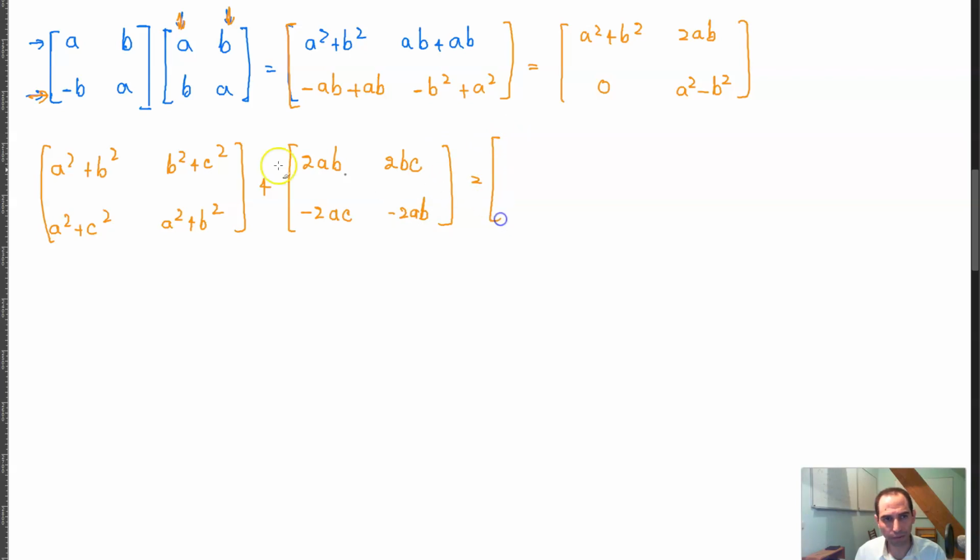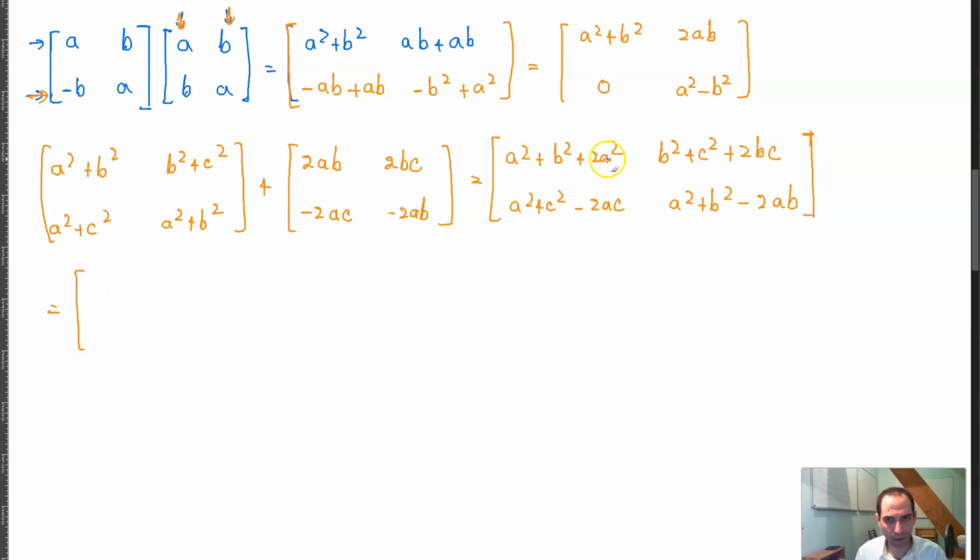So I can write this as A squared plus B squared plus 2AB, B squared plus C squared plus 2 times BC, A squared plus C squared minus 2 times AC, and A squared plus B squared minus 2 times AB.